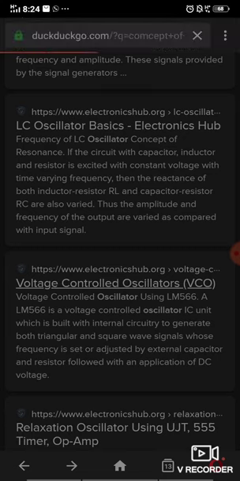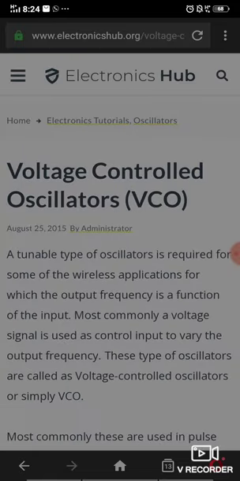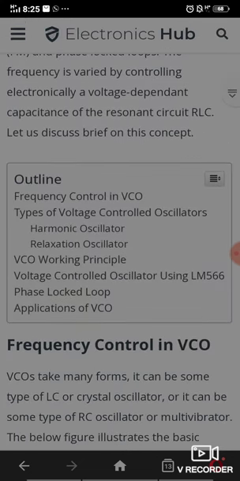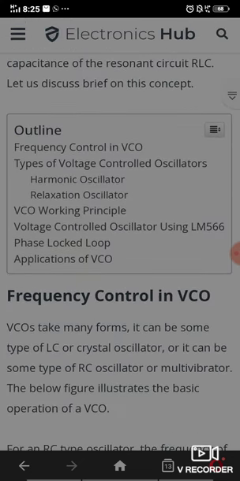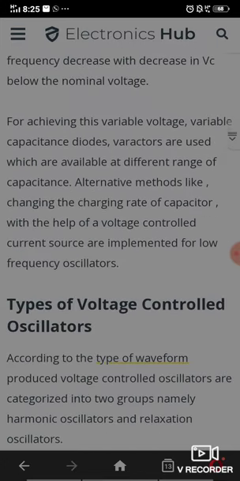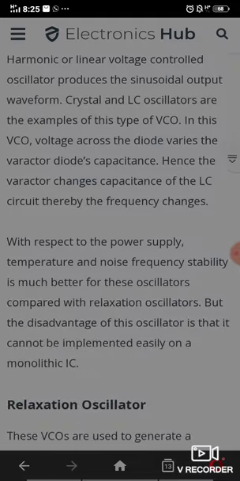LM566 is a voltage controlled oscillator. Oscillators are required in some wireless applications. So here we discuss oscillator ICs.